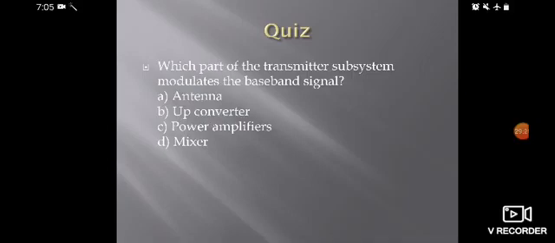The first option is antenna, the second option is up converter, the third option is power amplifier, and the fourth option is mixer. So which part of the transmitter subsystem modulates the baseband signal? Whether it is antenna, up converter, power amplifier or mixer. Please note this question.